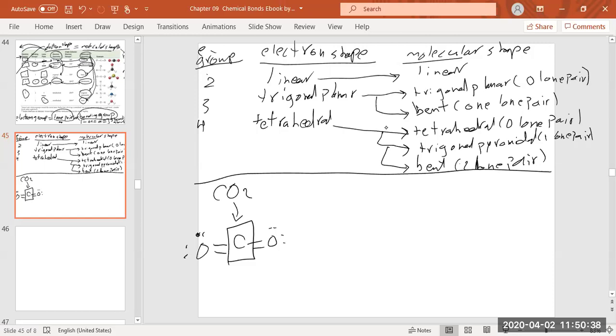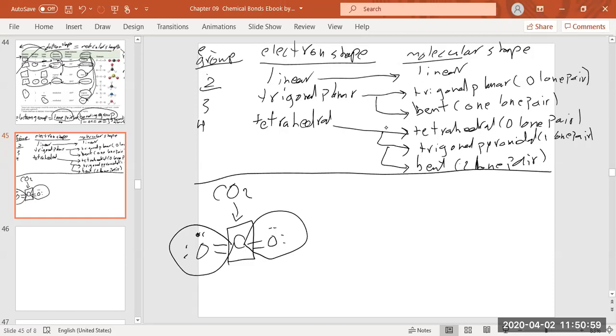How many groups of electrons for carbon? A group of electrons could be a lone pair, could be a bonding pair. It doesn't matter if the bonding pair is a single, double, or triple bond. I have 1 pair here, 2nd pair here. That's it. So you have 2.